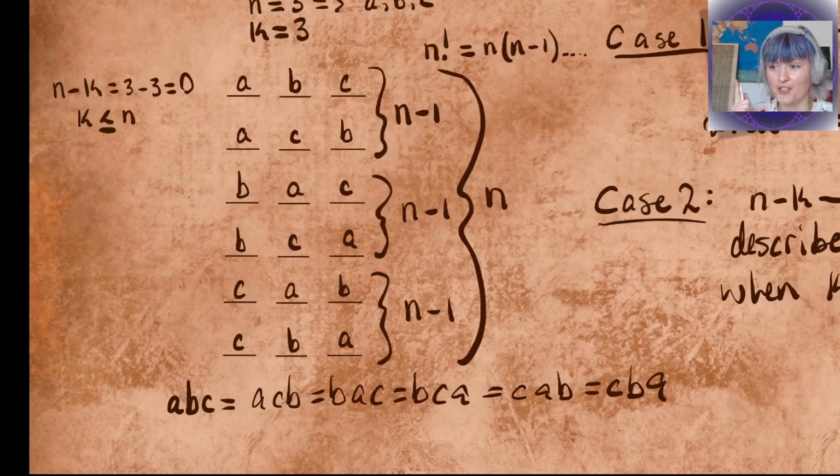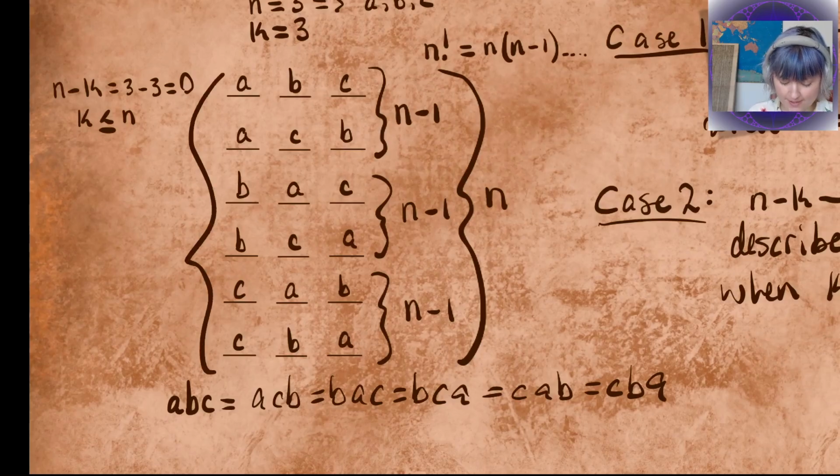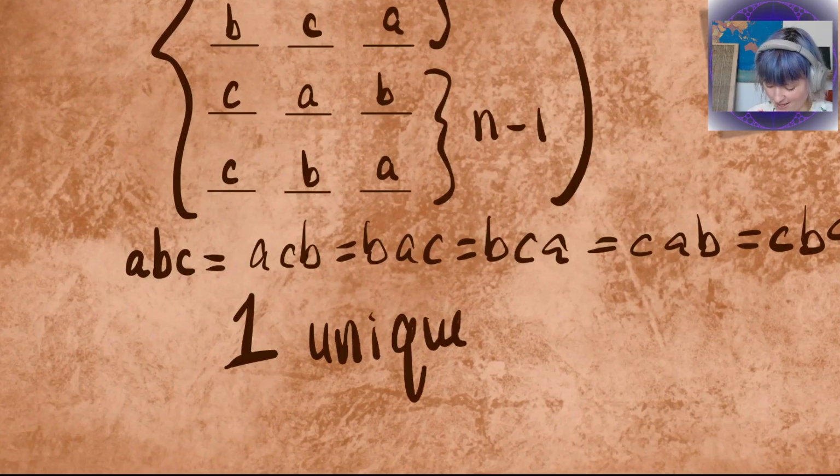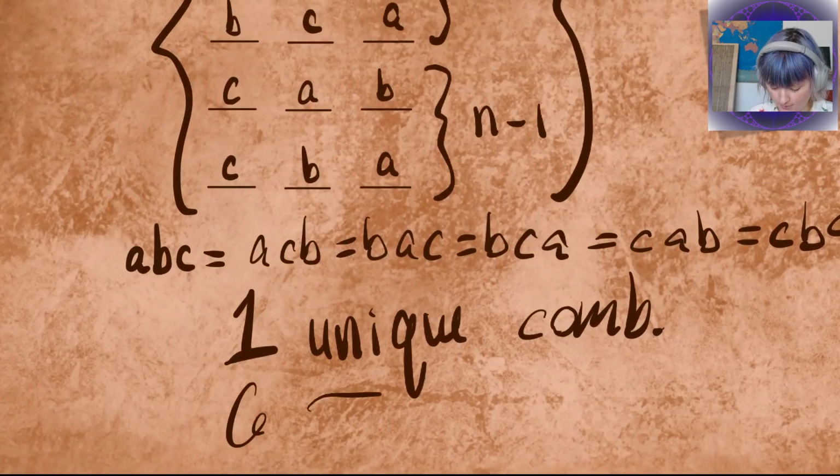Just one unique combination, right? Technically, there are 6 of these, but that's not 6 unique combinations. These are all the same. So I have 6 identical combinations here. If I was to say how many unique combinations do I have here, I just have one unique combination and 6 identical combinations.